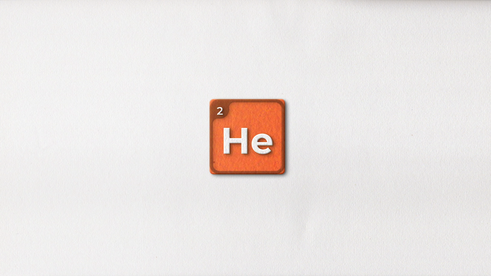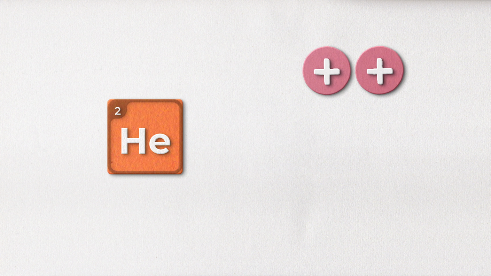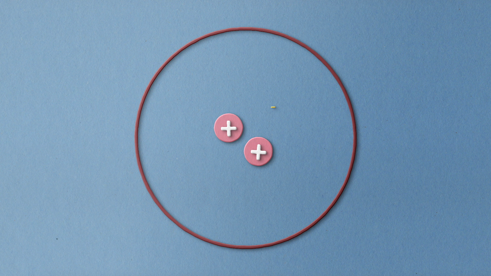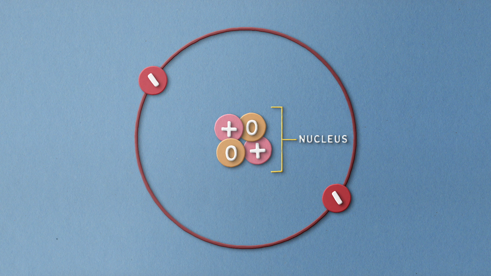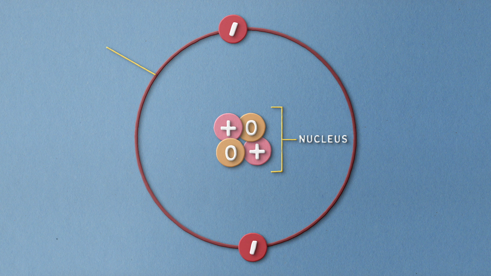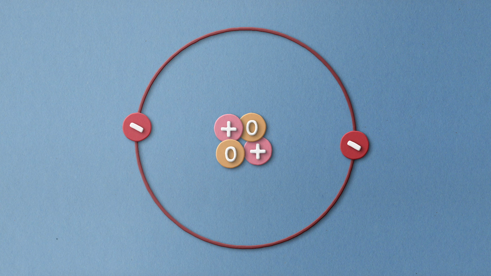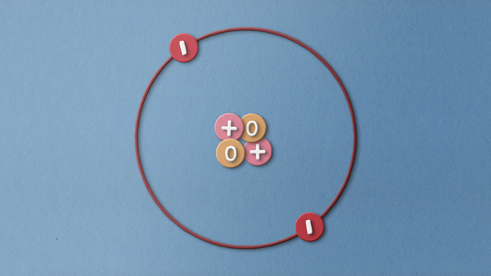Atoms of the same element have a specific number of protons, neutrons, and electrons. Protons and neutrons form the nucleus, and electrons orbit around the nucleus in shells. With this background information in mind, we can finally bring everything full circle.